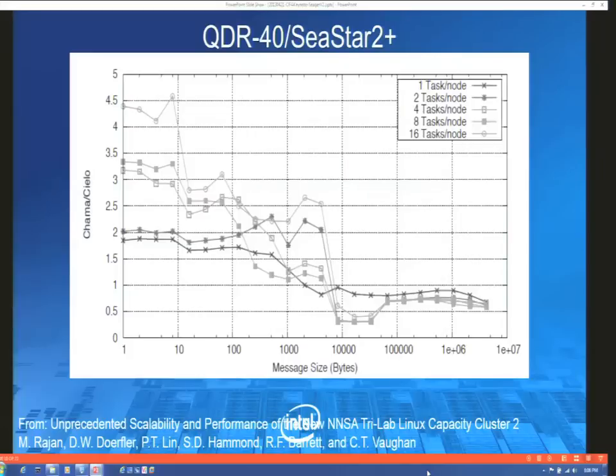As you go up, it goes down, and it's just dramatic in terms of the delivered latency and messaging rate performance out of TrueScale. That comes about because it's a software implementation. It doesn't use up the hardware resources as much, and we can fan out more of the processing to more of the cores through software.